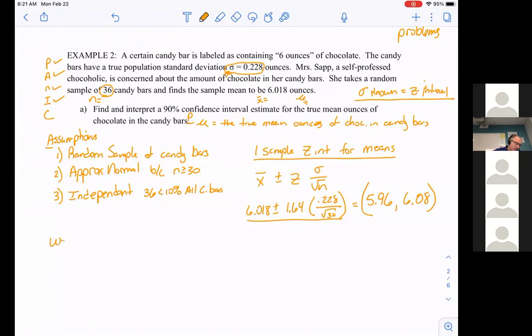We have to do a conclusion. We are 90% confident. And again, this is where you've got to know, sometimes you just get in a zone and you start doing stuff.